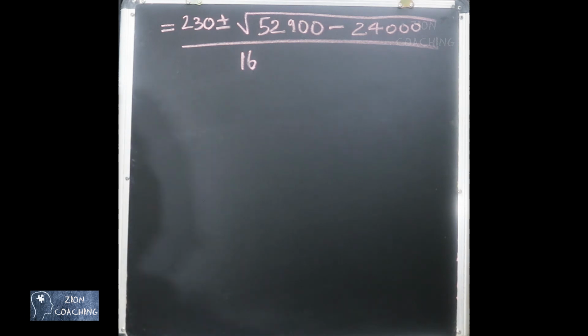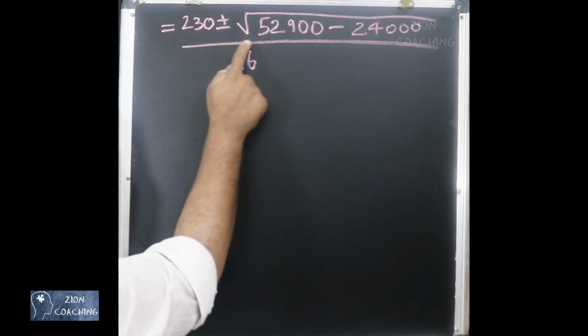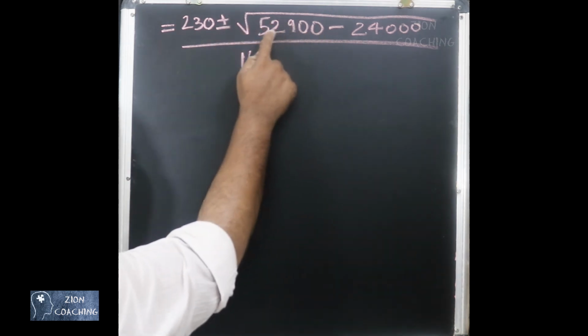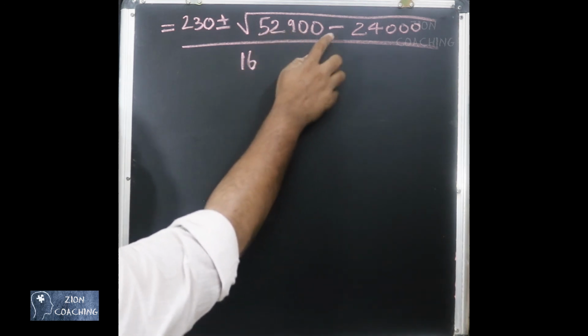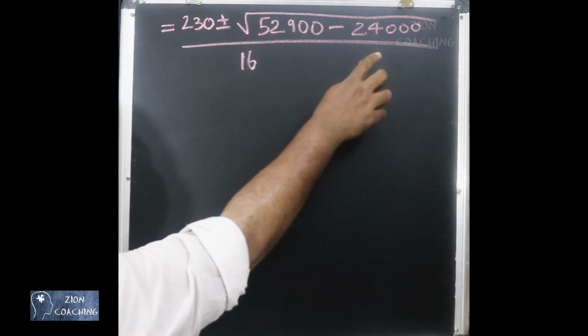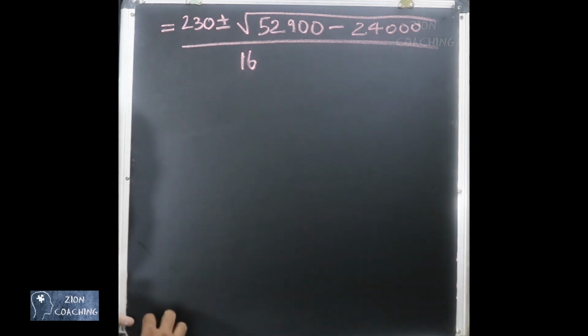Now simplifying the previous step, we get 230 plus or minus root of 52,900, because 230 into 230 is 52,900, minus 750 into 8, that is 6,000, into 4, it is 24,000, divided by 16. Now we will continue the steps further.